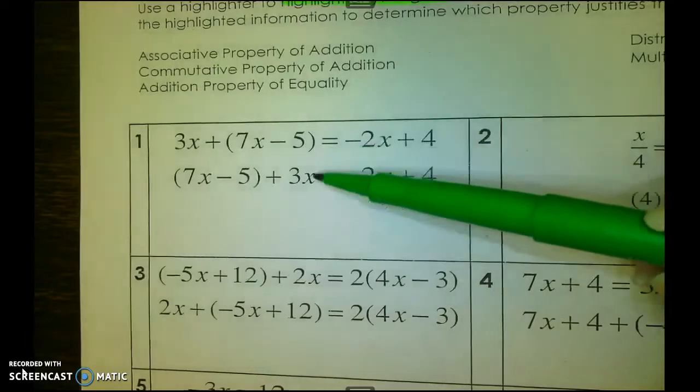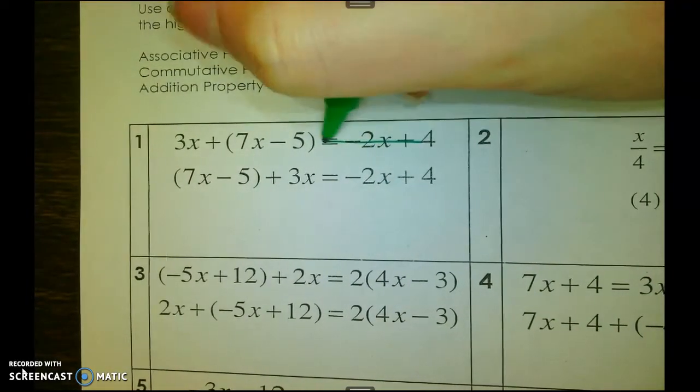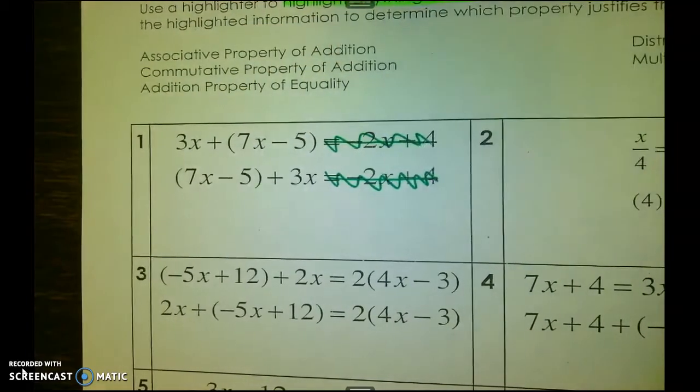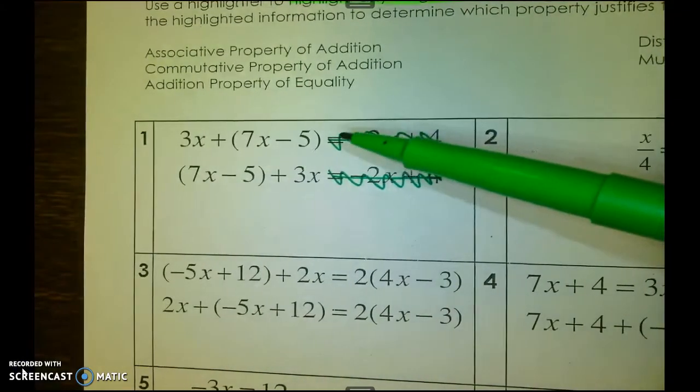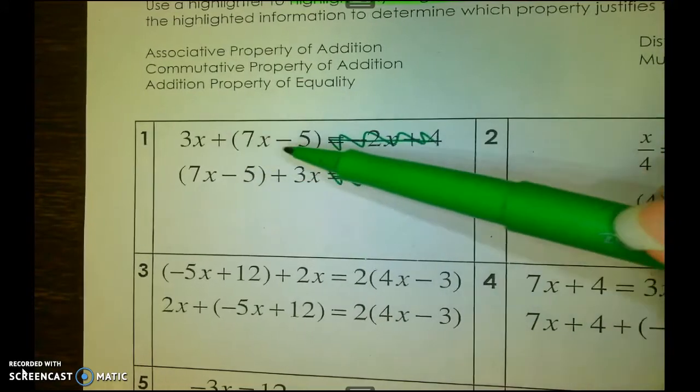So if I just look on this side of the equation, everything over here looks identical. I'm going to cross this stuff out. That's not anything that we need to discover which property is being used. Well, then I can look at this side of the equation. It doesn't look identical, so I need to figure out what's happened.